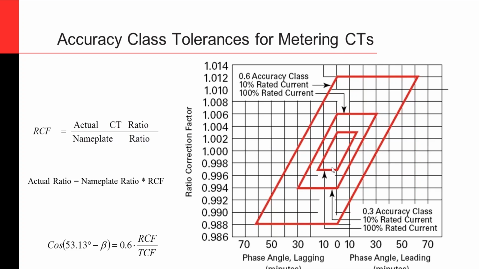So you expect that when you draw a graph between your ratio correction factor and your phase angle, you want your CT to respond within this parallelogram for the rated current. For a 10% rated current, that's your middle parallelogram, and you want your CT response to stay within this limit.